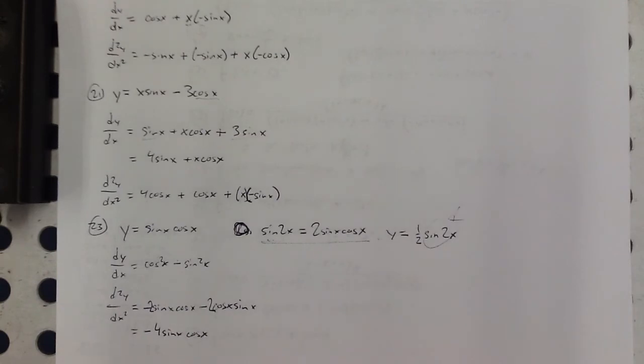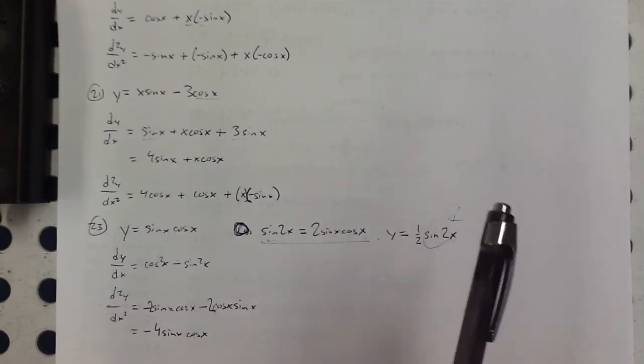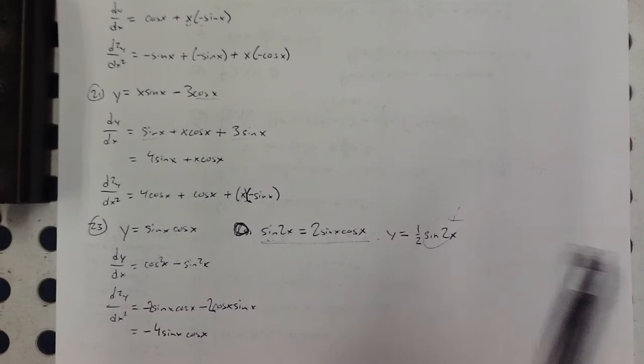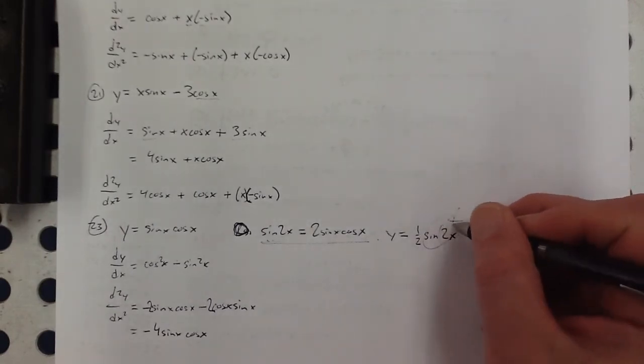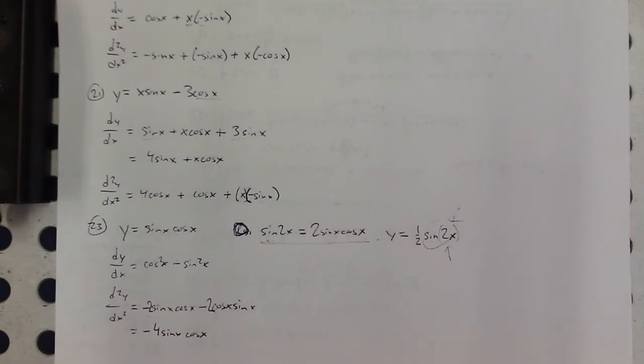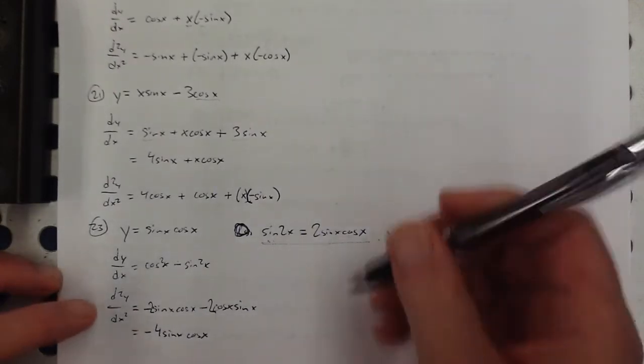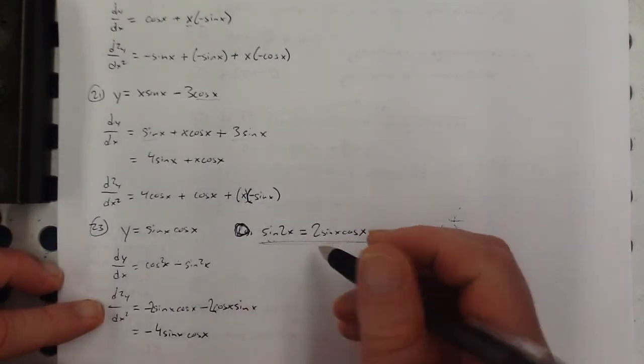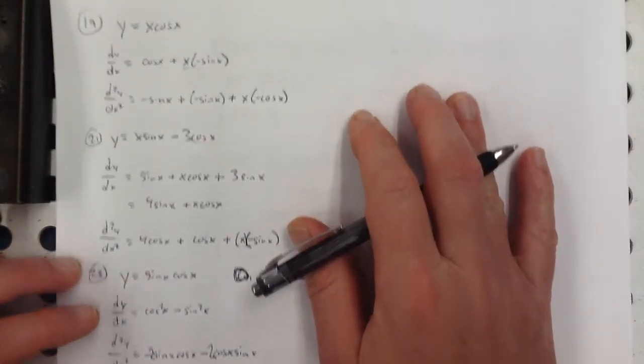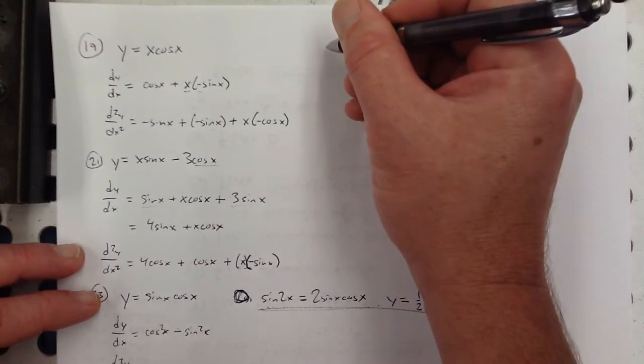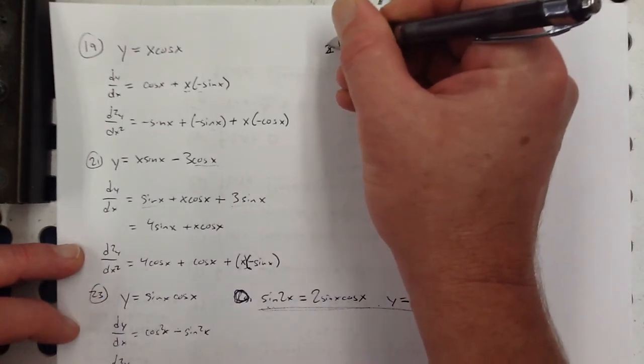I got a 2x in there. So never mind. If you already knew this stuff from section 3.6, then this would make it easier to do. But for right now, that makes it impossible because I only know how to do derivatives of sine of regular x in there. I don't know how to do composite functions. So anyway, good to know that. That'll come in handy maybe soon, like in 3.6.